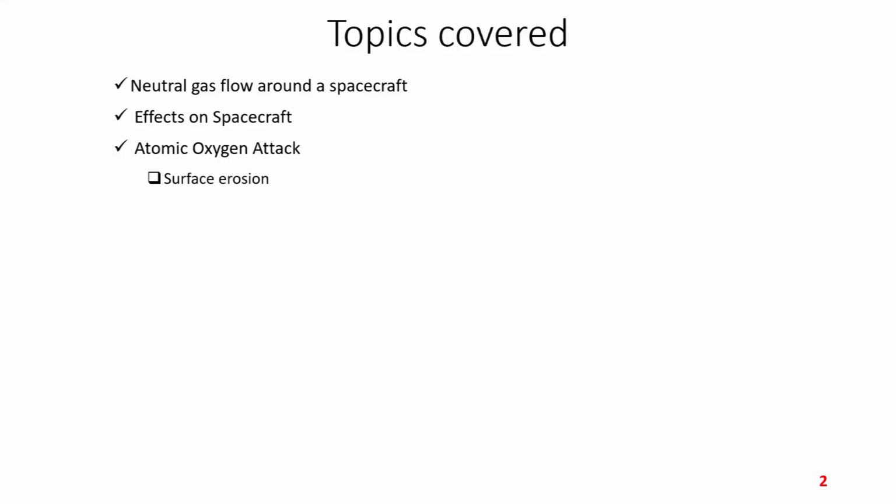Along with that, we discussed the effects of the atomic oxygen attack, or AO attack, on the spacecraft. Basically, we have seen that atomic oxygen is highly reactive. So, it oxidizes the surface, there is a chemical reaction, and as a result there is surface erosion, then contamination, along with effects like the outgassing which happens in the vacuum environment, outgassing of the surfaces of the spacecraft bodies.